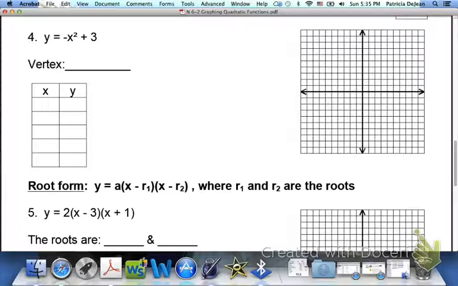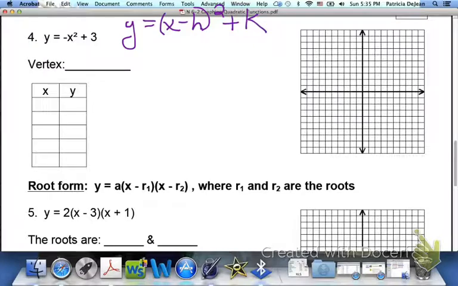Get it where we can work with it a little more. Okay. So in this one, there is nothing in parentheses with the x. Remember, our basic vertex form is y equals x minus h squared plus k.